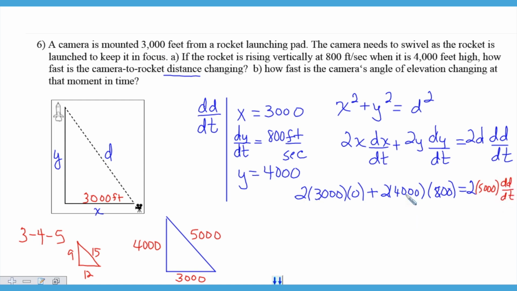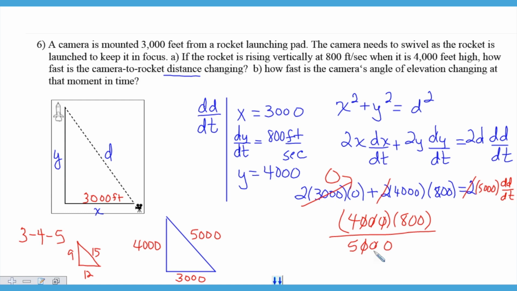Okay, so is there anything I have to solve for? Now this is looking good. So that goes to 0, goodness, and then the 2's are going to cancel. And then you have 4,000 times 800 divided by 5,000. Now why did you do that, crazy woman? Because all your zeros are going to cancel on that, right?